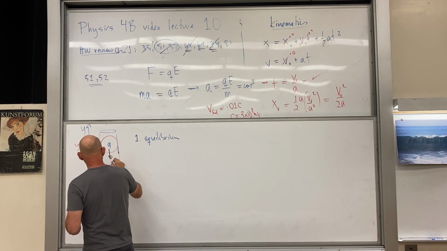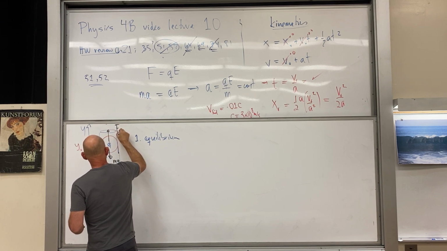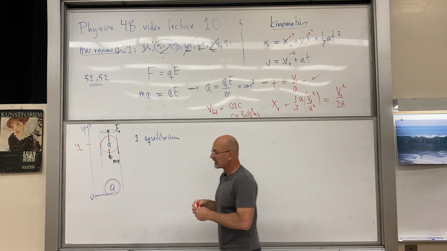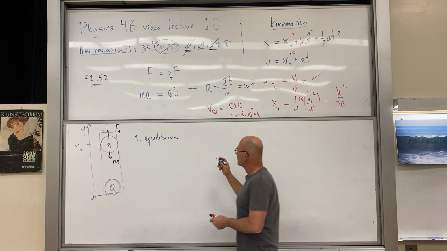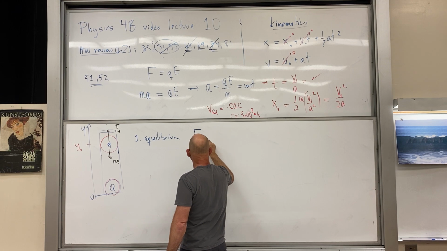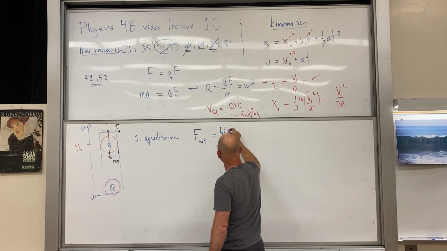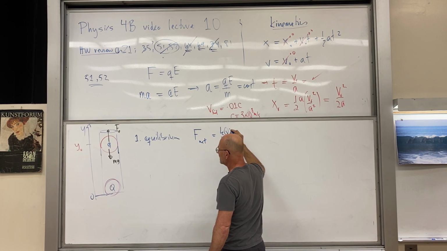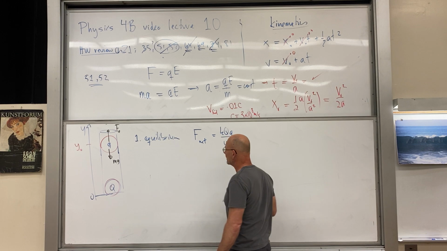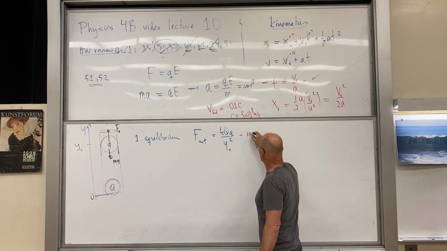We're going to have mass times gravity, and we're going to have the electric force, and they cancel each other out. So for equilibrium, we have F net equals kQq divided by y0 squared minus mg.